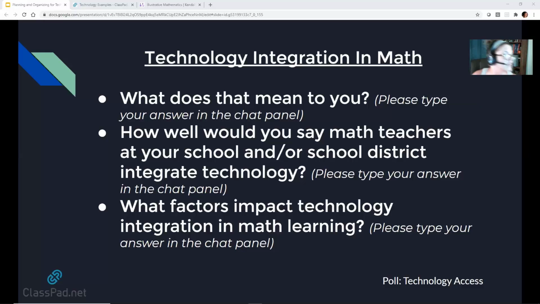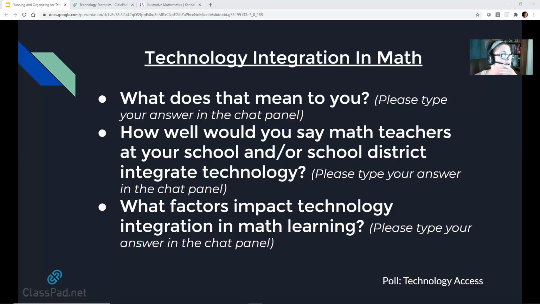Looking at the results, it shouldn't surprise you. And this is what I found when I was doing my own research around the country: most teachers have a computer and a projector in their room, right? So that tends to be the tool they use the most. In the math classroom, calculators are pretty prevalent.